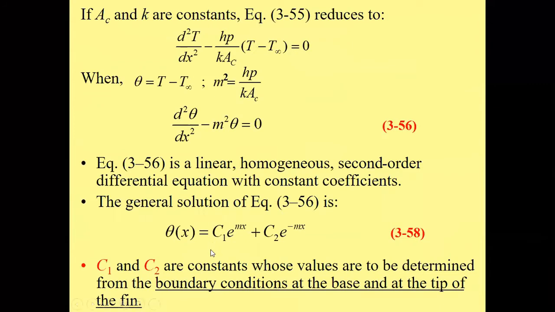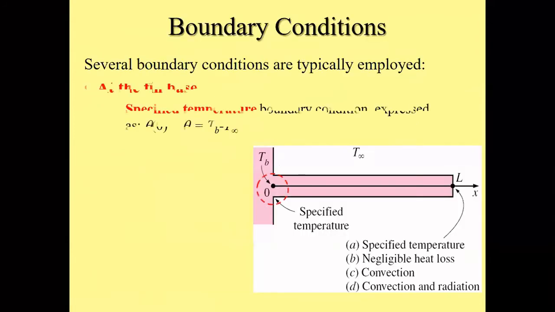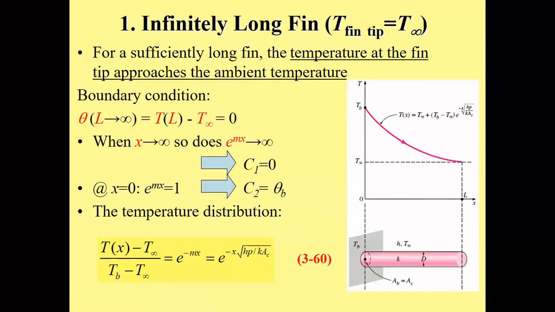This is your general solution. Because C1 is 0, we have 0 plus C2, which is theta B times exponent of negative mx.